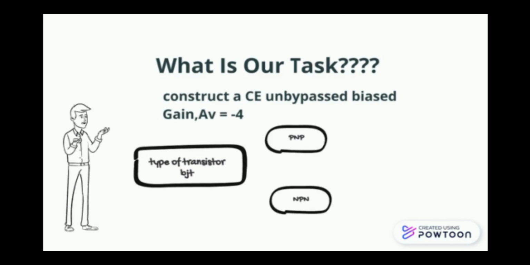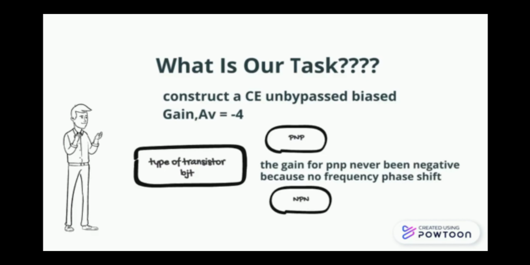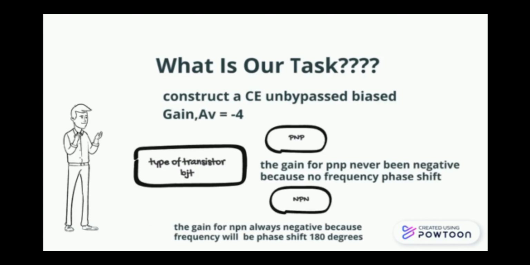For PNP, the gain will never be negative because there is no phase shift. But for NPN, the gain will be negative because the output will be phase shifted 180 degrees from the input. Therefore, we use an NPN type BJT because the AV gain that we want is a negative value.